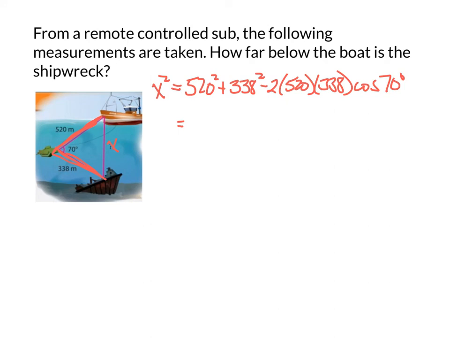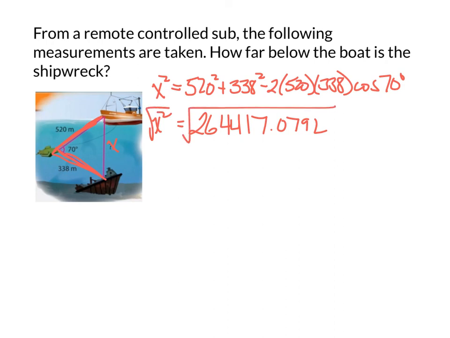When we calculate all of that out, we get 264,417.0792. Of course, that's not x, that's x squared. So we have to take the square root of that answer, and we get something like 514.215, which seems like a much more reasonable answer. Of course, we're not finished yet. That 514 is not just 514, it's 514 meters.